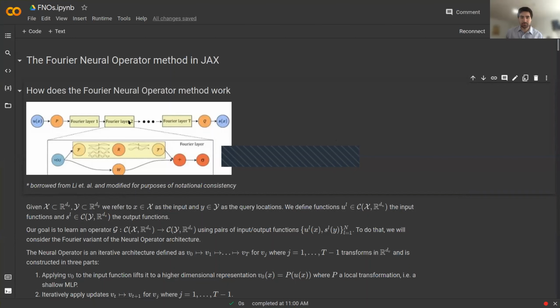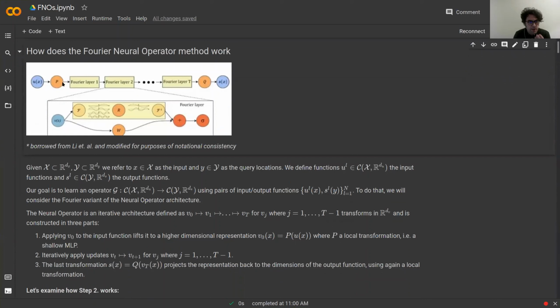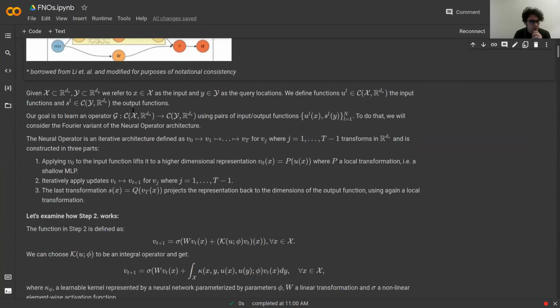Okay, so the Fourier neural operators. This is a general sketch of the Fourier neural operator, modified for notational consistency. In the paper, this is denoted by A, and the input and output are denoted by U. Because before we denoted the input by U and the output by S, we changed it so that it is consistent.